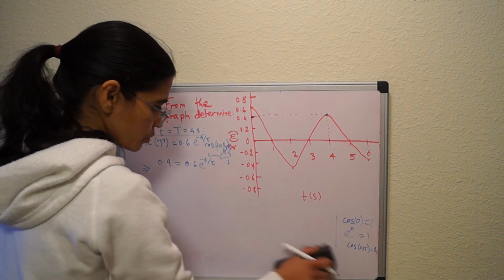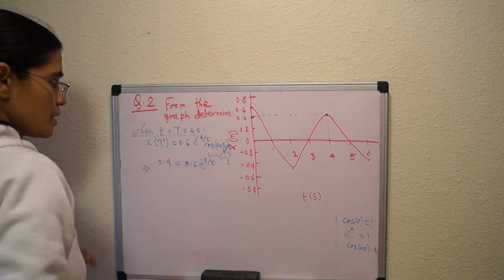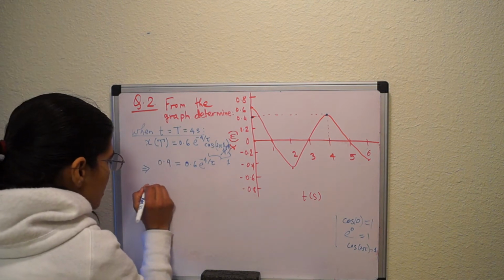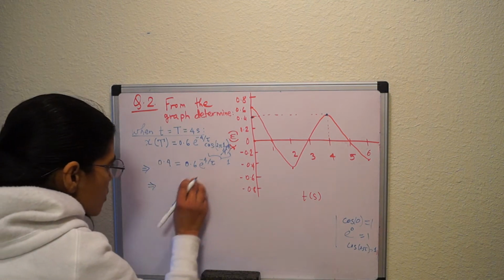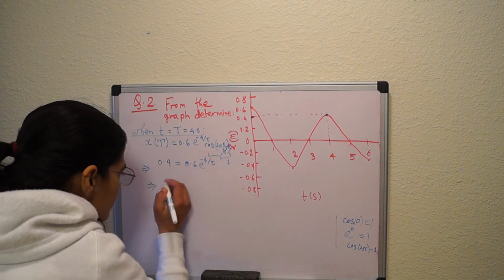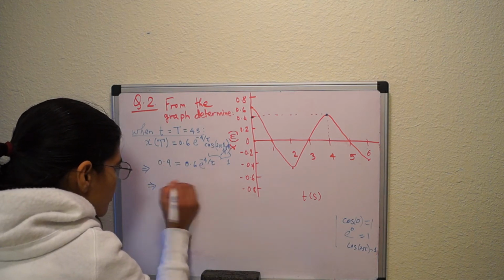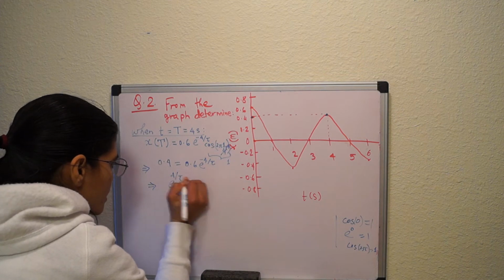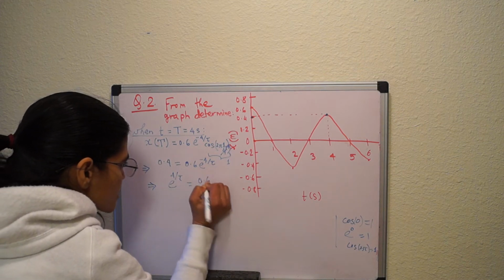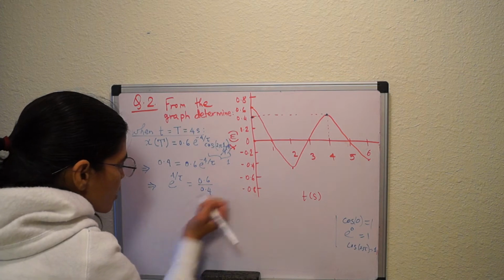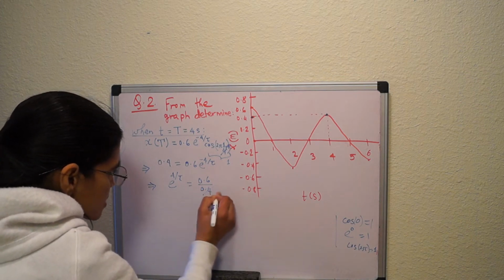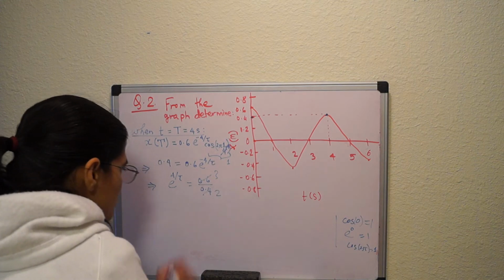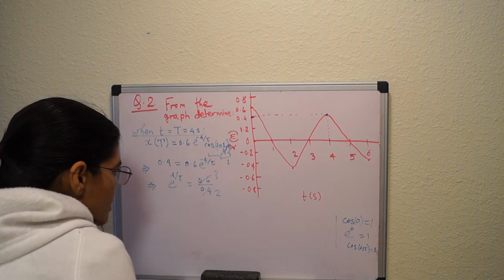Now it's just doing algebra. I'm going to bring this e over here and take this over here. So e to the power 4 by tau equal to 0.6 by 0.4, which is 3 by 2.